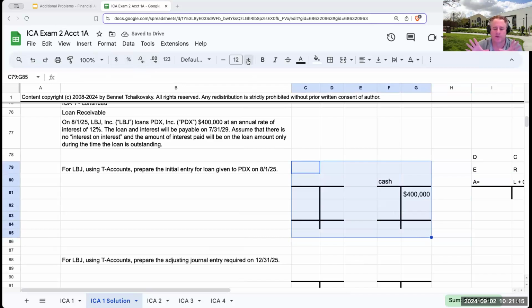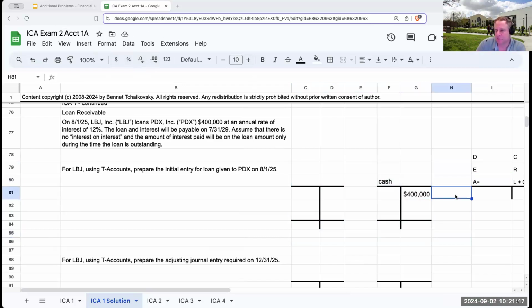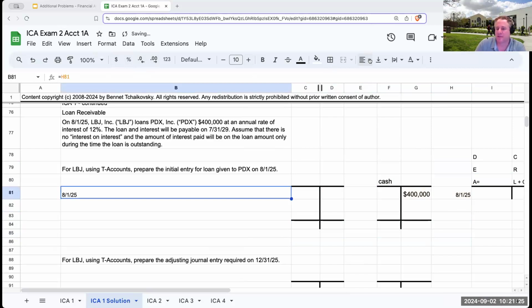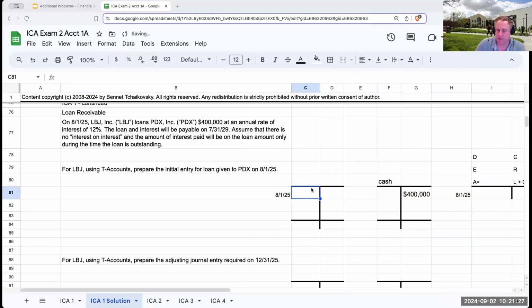When we're doing these initial entries, on 8/1/25, I am crediting cash and debiting loan receivable, because PDX will need to pay me back. So LR, loan receivable. Okay, now that's all we do for this one.